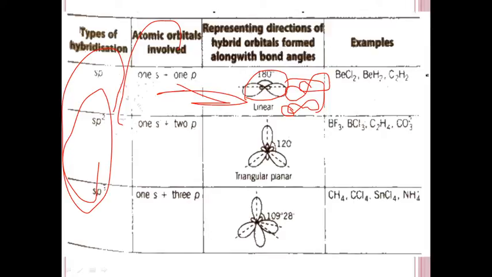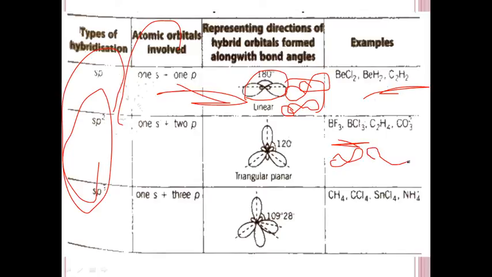Now, these are some examples. Next, coming to BF3. In BF3, boron is 1s2, 2s2, 2p1. Boron has p orbital, and fluorine also has p orbital.